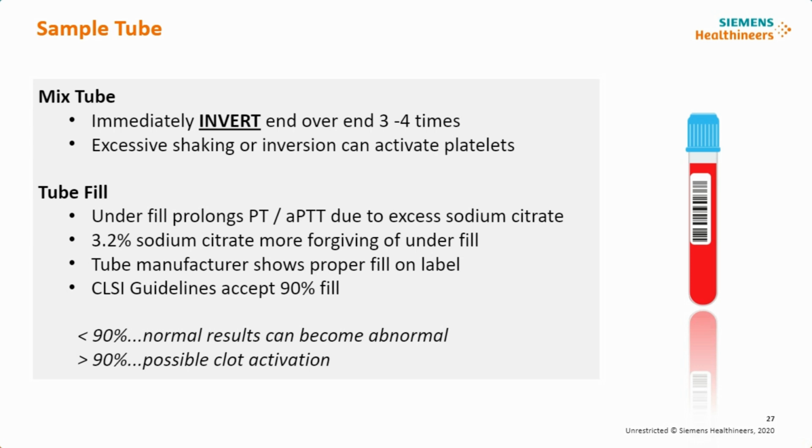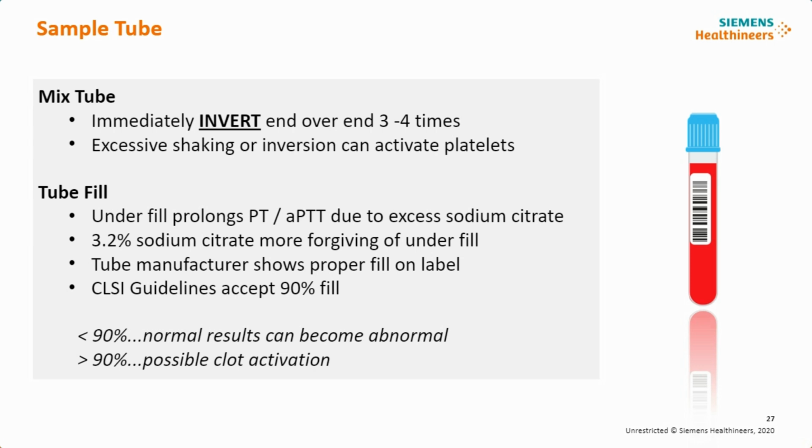In this particular case, what is needed is to gently invert, avoid excessive shaking of the sample, and then gently place it into the collection container before it's distributed or sent to the laboratory.